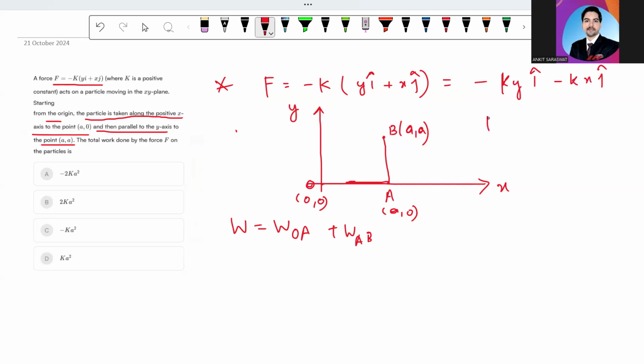We can write F vector is equal to Fx plus Fy. So Fx will be what? Fx is minus Ky i.